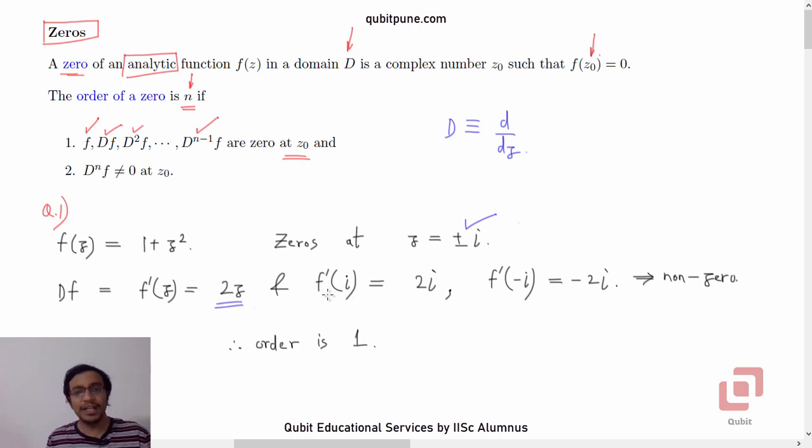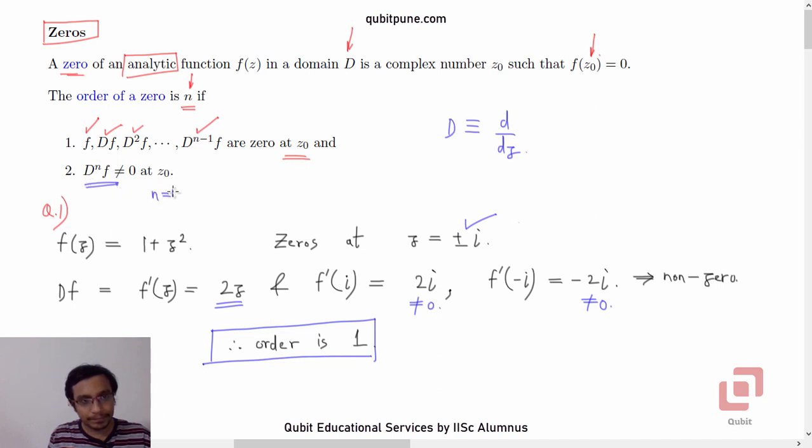What is the derivative's value at i? 2i, not equal to 0. The value of the derivative at minus i is minus 2i, again not equal to 0. So both these zeros have order 1 because the first derivative itself is non-zero. So n equals 1 for question 1.